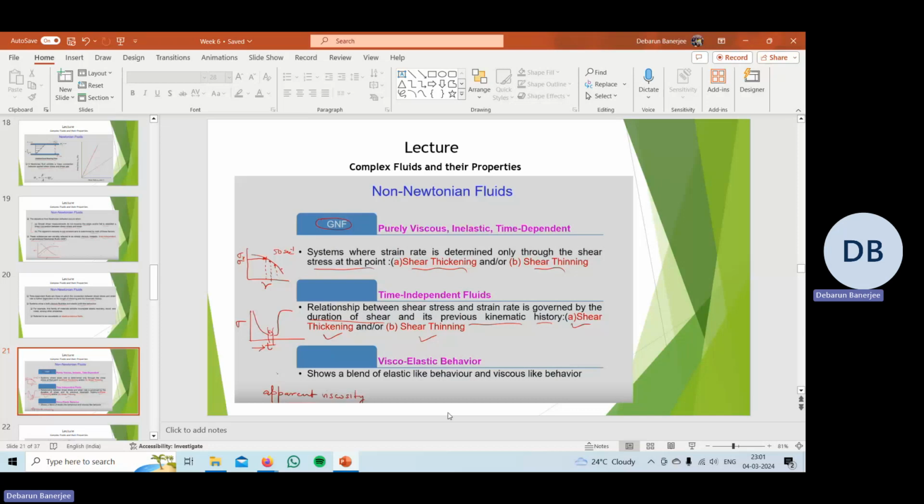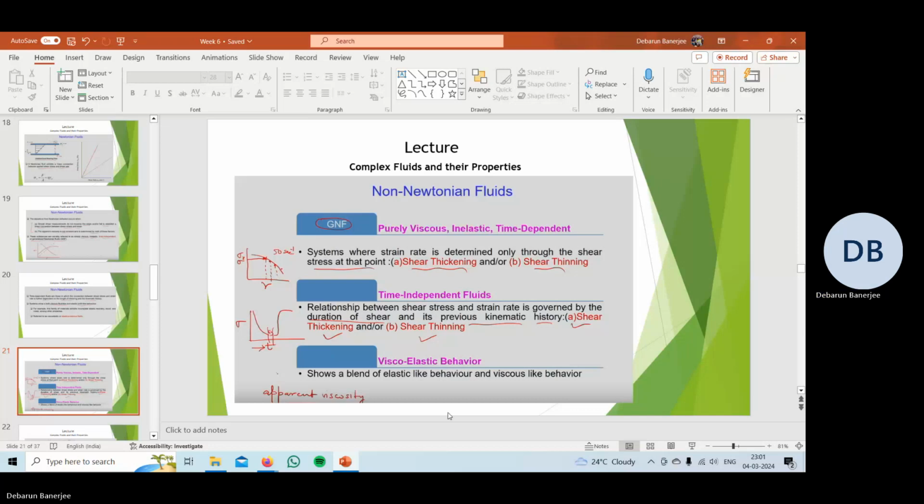Shear thickening and shear thinning fluids are there. Time dependent fluids are those where the relationship between shear stress and strain rate is governed by the duration of shear and its previous kinematic history.